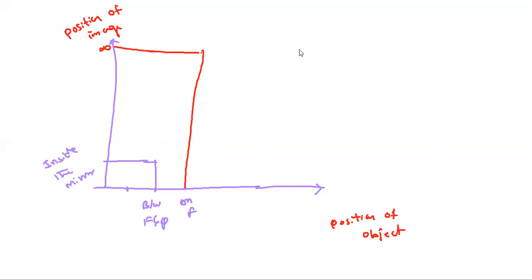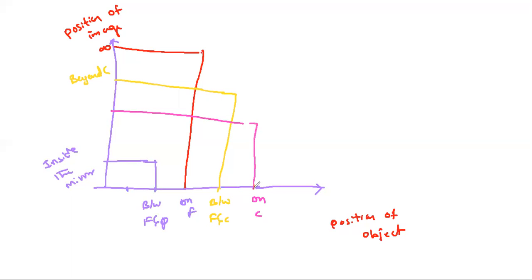Now the second position is after F, between F and C. When you place the object between F and C, you will get the image beyond C. Now the next position is on C. When you place the object on C, you will get the image also on C. Next, the position beyond C. Where will you get the image? Now you will get it between F and C.